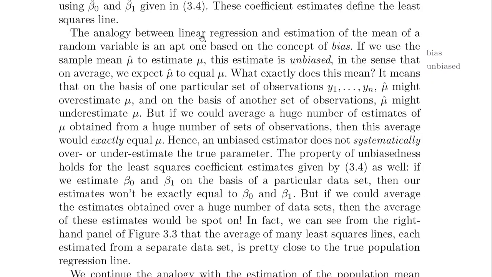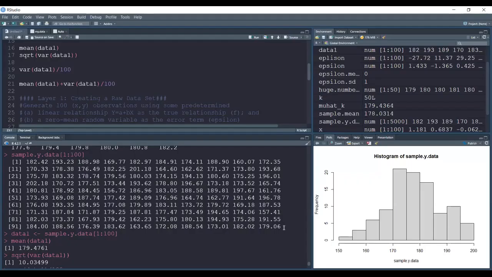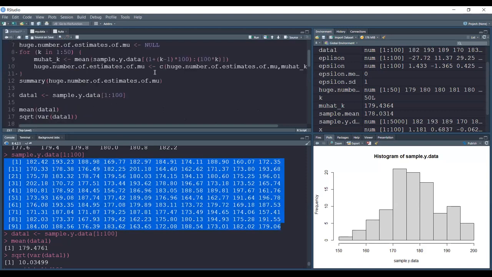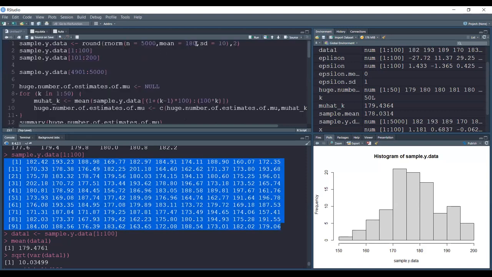What we mean is these means, where we're trying to determine the true mean, as much as some of them overestimate the true mean, there are others that underestimate the mean.